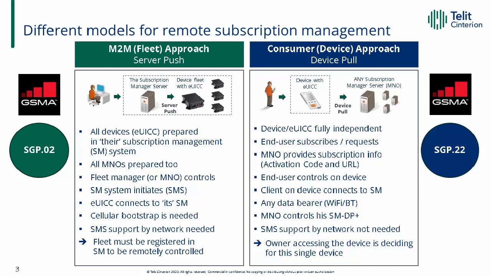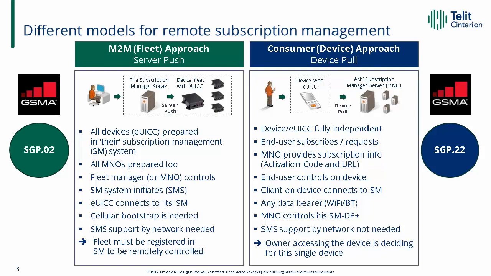Okay, so let's jump back to the SGP.02, the M2M approach. So you can see there are different elements, right? For sure, you need the eUICC, the eSIM, and then you need the operator to prepare all different servers behind it. And then you can see on the left side some key elements which are related to the SM system initiate.